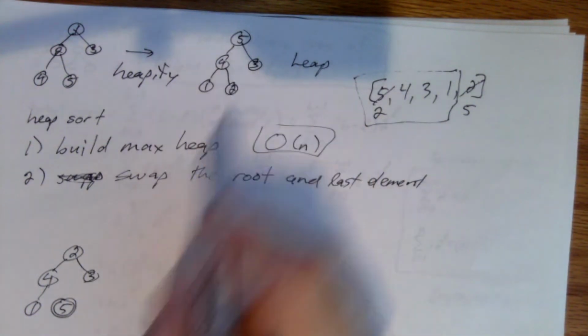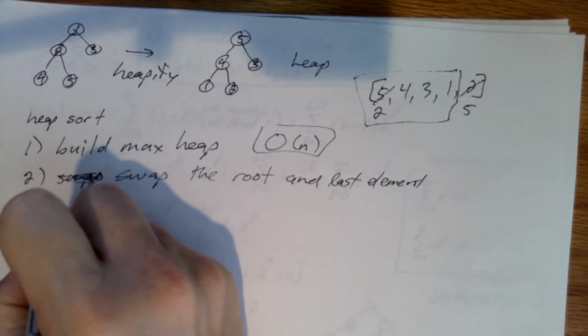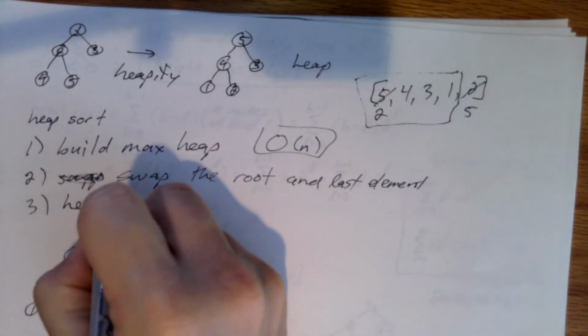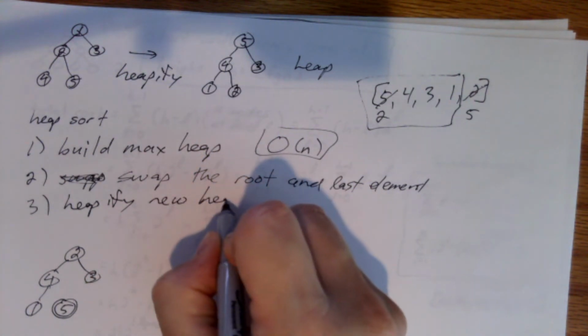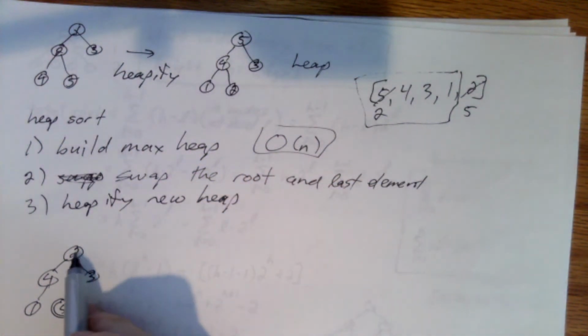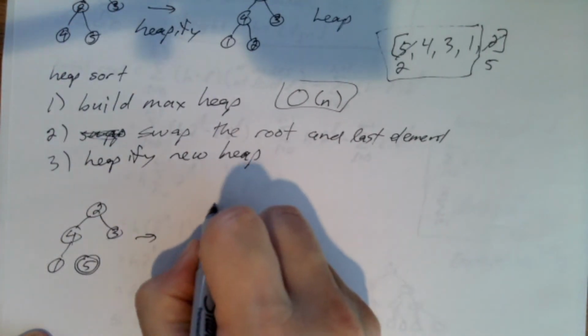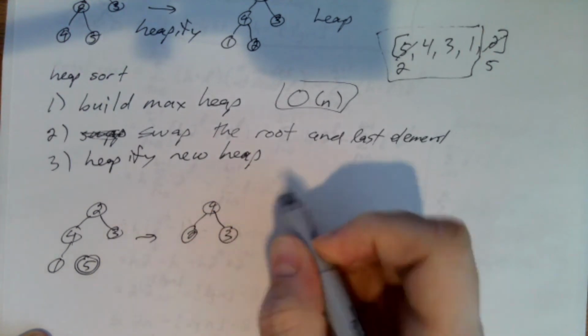It's still in the array, but we no longer consider it part of the heap. This is no longer a heap, so we have to heapify the new heap. What does that consist of? Well, we swap 2 and 4. Why is that?